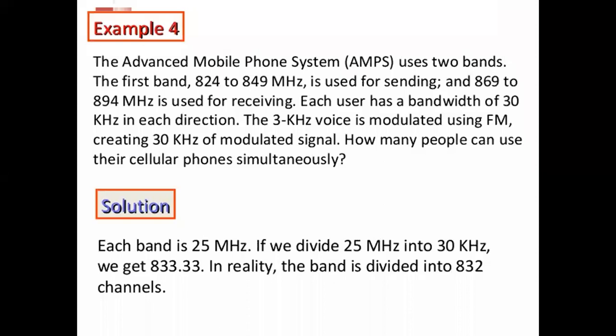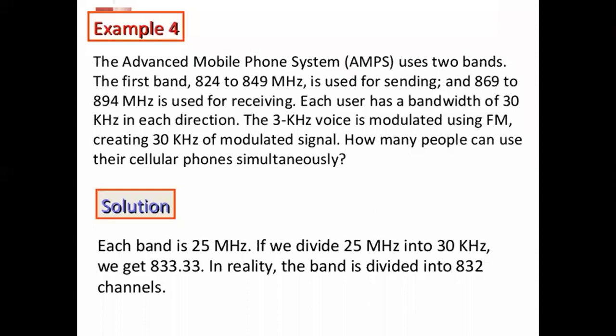Each user has a bandwidth of 20 kHz in each direction, that is forward direction and reverse direction. The 3 kHz voice is modulated using FM, creating 30 kHz of modulated signal. How many people can use their cellular phone simultaneously?